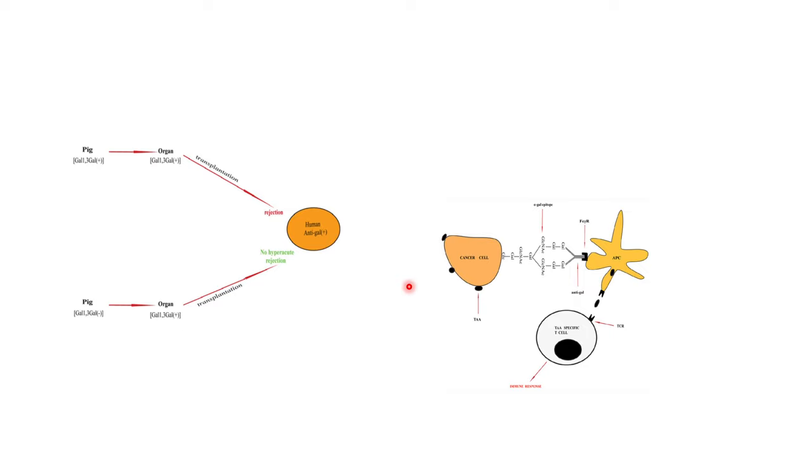This is another example by which alpha gal epitope can be used to treat cancer. In this case, cancer cells have been modified with alpha gal epitope so that they can be easily recognized by antigen presenting cells, which give a signal to the T cell to generate an immune response against the cells that contain alpha gal epitope, which in this case is the cancer cell.